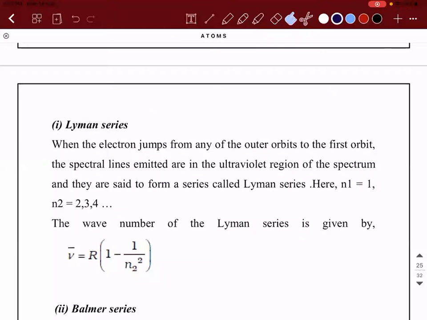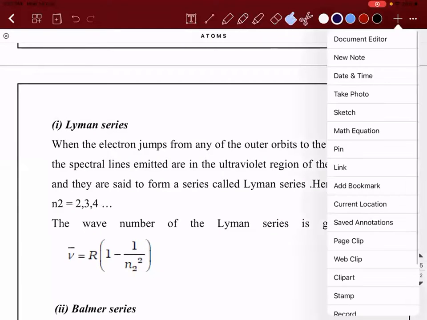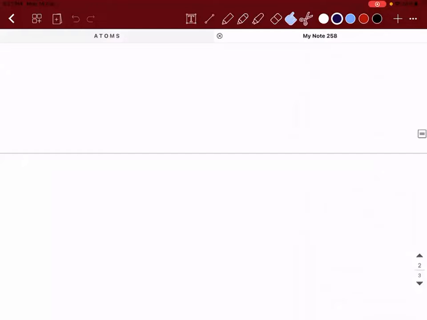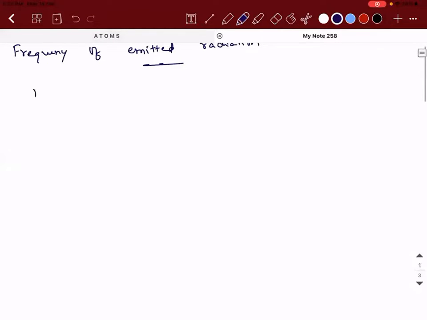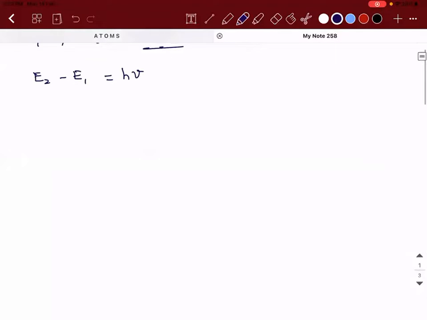Okay. Yes, sir. Now we are interested in finding out what will be the corresponding frequency that will get emitted. So our job is to find the frequency of the emitted radiation. When I talk about the frequency, I'm going to use the formula E2 minus E1 is equal to h nu. What is the value of E2?